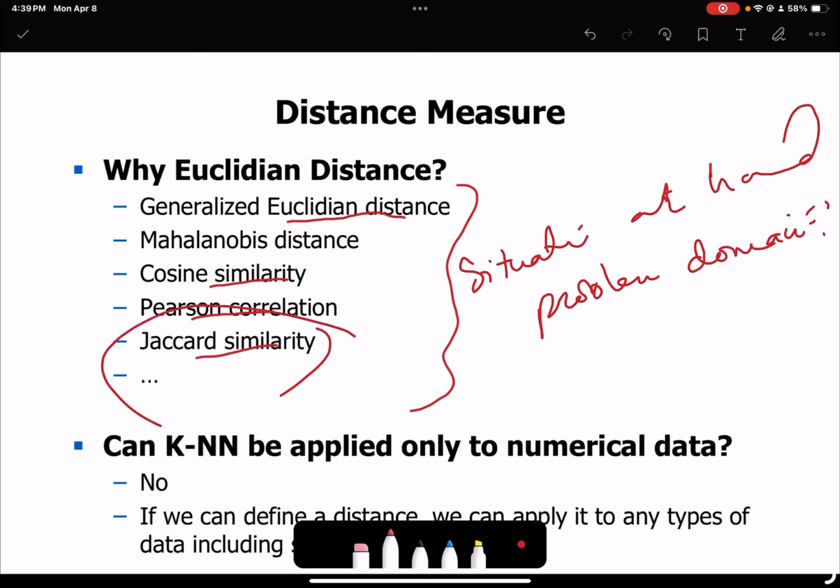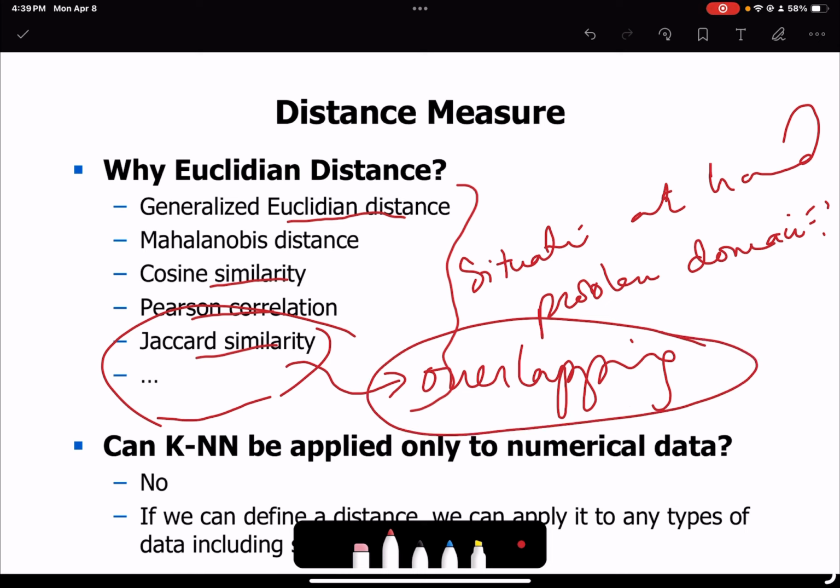Jaccard similarity can be used, for example, if you are doing clustering where we can have overlapping, where your points can belong to two clusters. We have already studied the Pearson correlation in previous lectures.